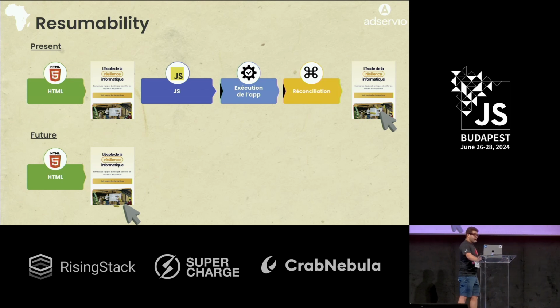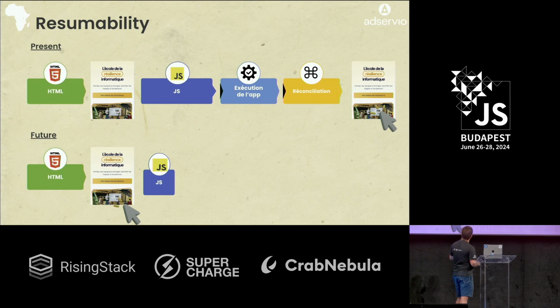And with the framework called Qwik, you can use resumability. So how does it work? The first HTML that we send contains a little bit of JavaScript that we call the global listener. It's 1 kilobyte of JavaScript that listens to all the interactions of your user. Okay? And if the user, for example, interacts with this button, it will go and search for the small JavaScript needed only for this button.